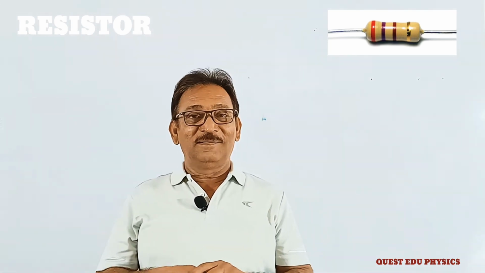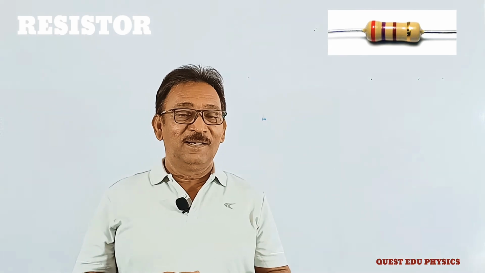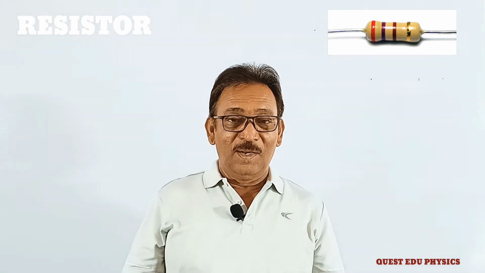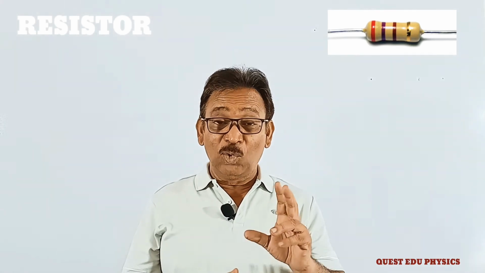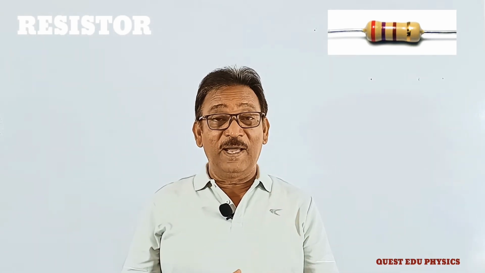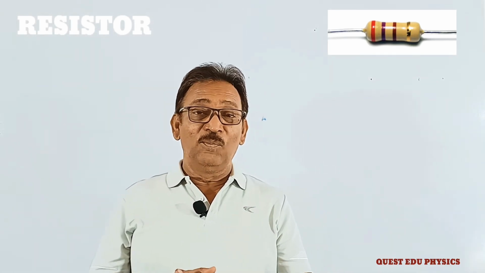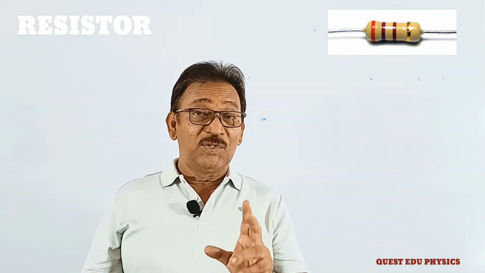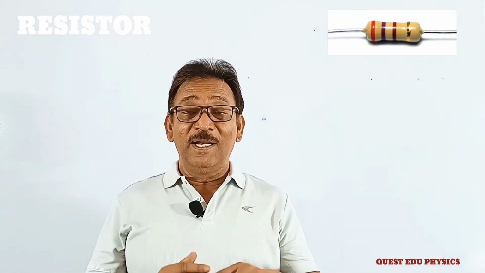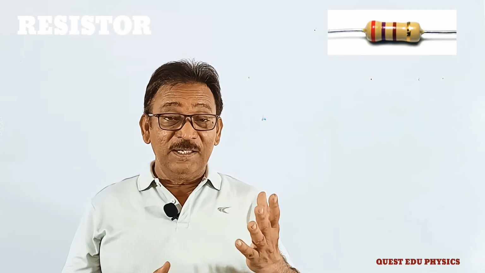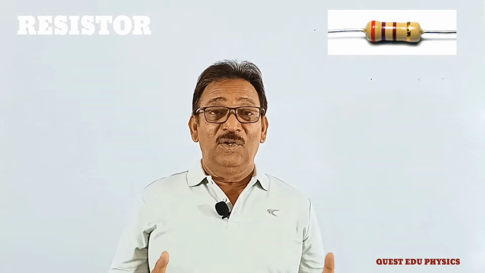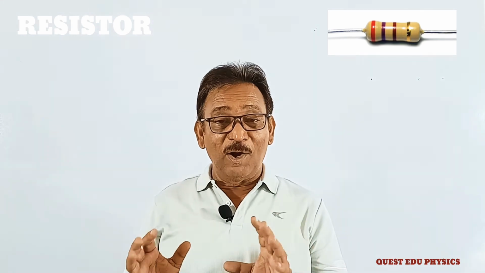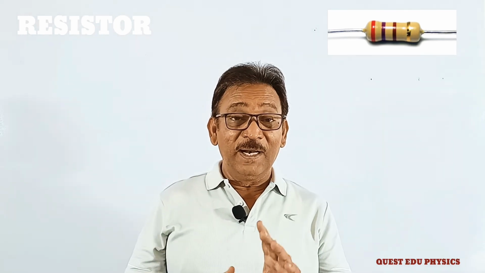Whenever a resistor is connected in a circuit, not only does it stop the flow of the current, but also, being a passive element, it releases the energy into the circuit. That's why if you use your mobile phone for a longer time, it gets heated up.